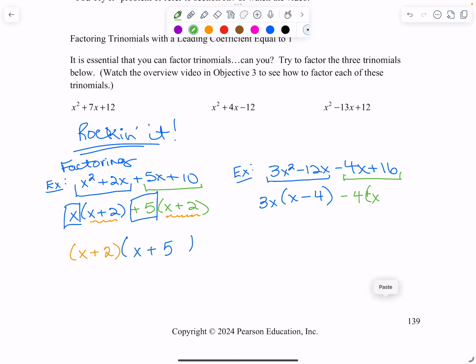So negative 4 times x will give me negative 4x, and then negative 4 times negative 4 will give me this positive 16, right? So once again, I have something in common. So I'm going to take out the x minus 4, and then what I have left over is 3x minus 4. So we'll be using that later on in this section.